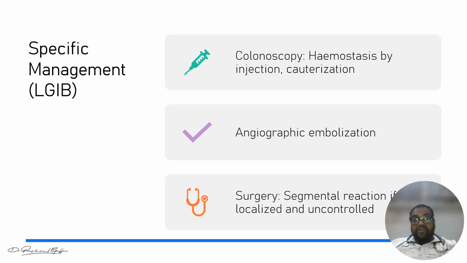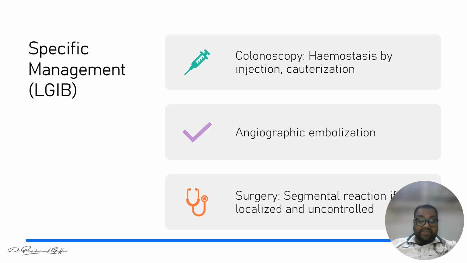We can do angiographic embolization also when we perform the CT angio. At that time, we can perform the embolization at the bleeding site. Third is surgery. Segmental resection, if bleeding is localized and uncontrolled, we can remove that segment and do the surgery. So these are the management of upper GI bleeding as well as lower GI bleeding.